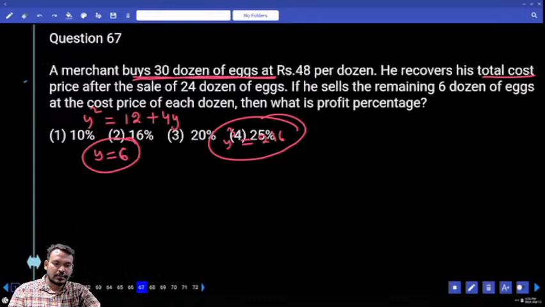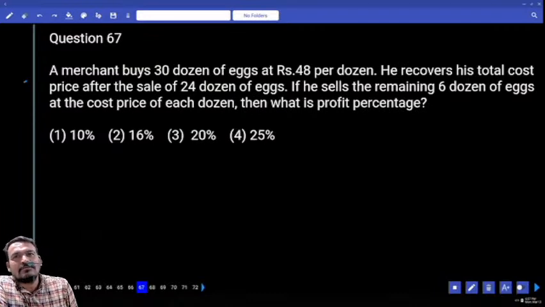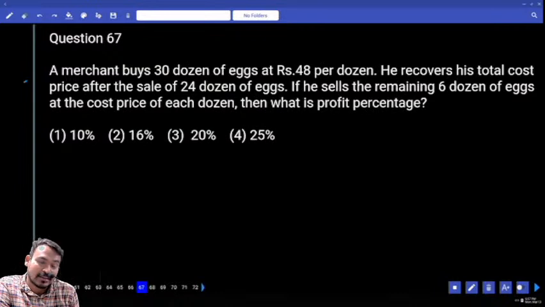Next question number 67. A merchant buys 30 dozens of eggs at 48 rupees per dozen. He recovers his total cost price after the sale of 24 dozens of eggs. How many dozens are actually purchased? 30 dozens. He recovers his total cost price after the sale of 24 dozens, so the remaining 6 dozens are profit.